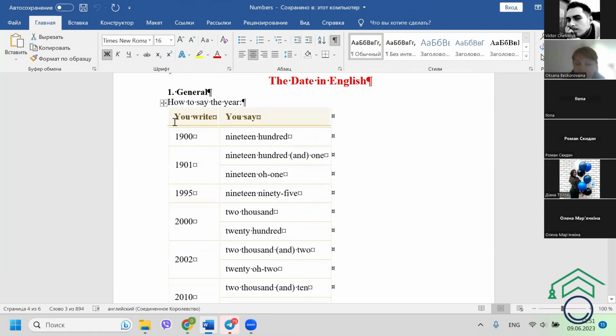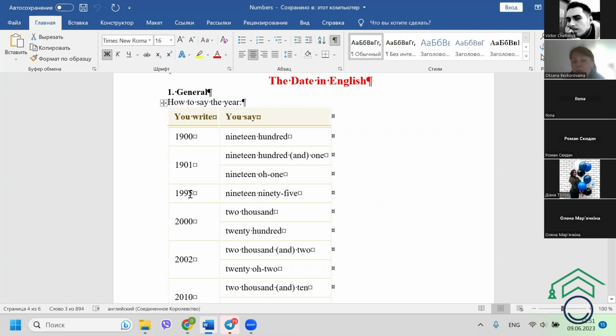So, 1900, yeah? 1900. А от 1901, two variants, 1901 або 1901. Пам'ятаємо, що 0 може вимовлятися як O, 1901. В даному випадку ділимо числівник навпіл. 1995.